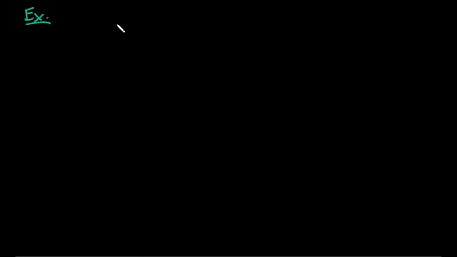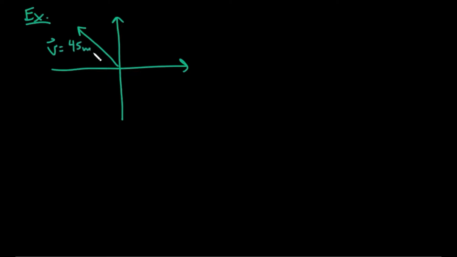So let's take a look at an example. I'm going to have this Cartesian plane here. I have my vector here, and this vector is 45 meters per second, and I have this angle in here. So my theta is 136 degrees. Now, you might be wondering, hey, Megan, this doesn't look like a triangle.